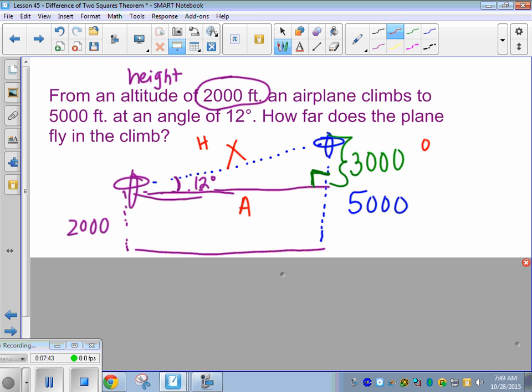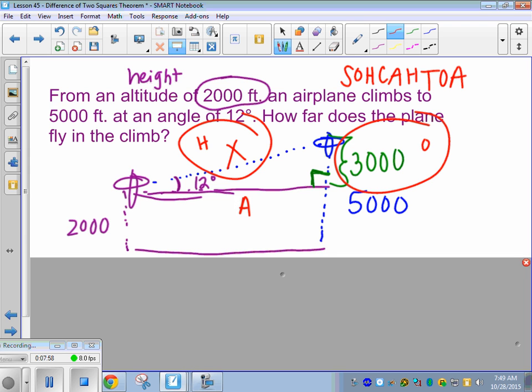So we are not using the adjacent side because nothing's marked on there, right? We are using the side we know, 3,000, and the side we want to find. So, SOHCAHTOA. So Jordan, which trig function do you think we're going to use?